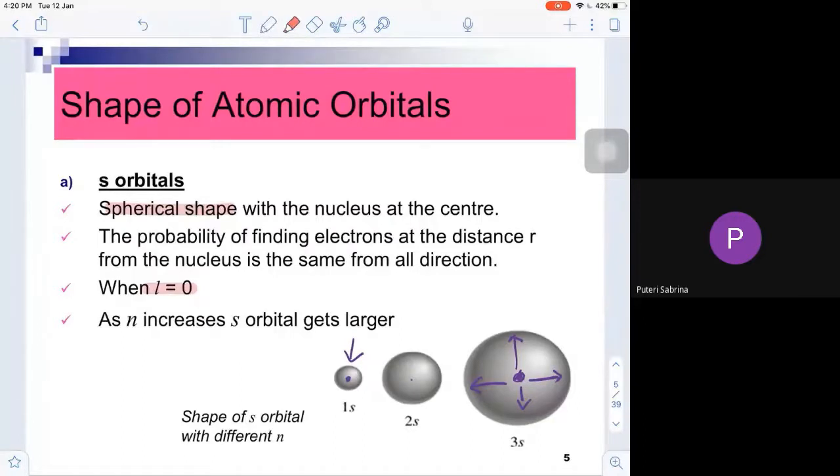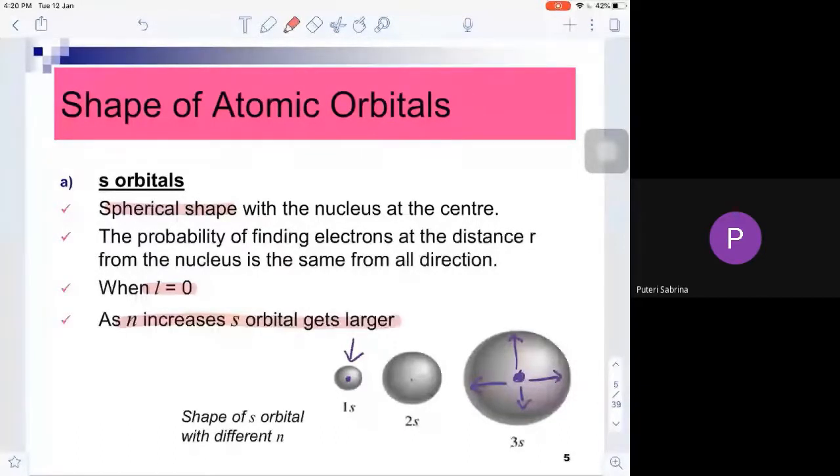What is L? We'll discuss it later, but you have to remember that we have the s orbital, this spherical shape orbital, when L is equal to 0. And as n increases, the size of the s orbital increases.